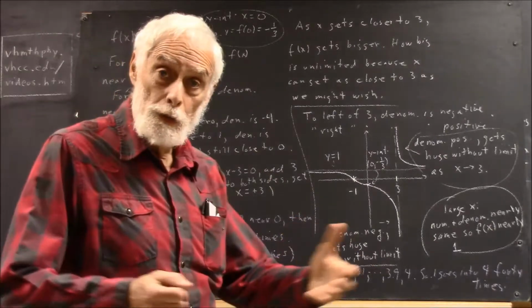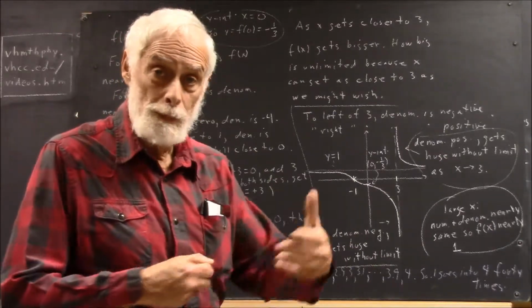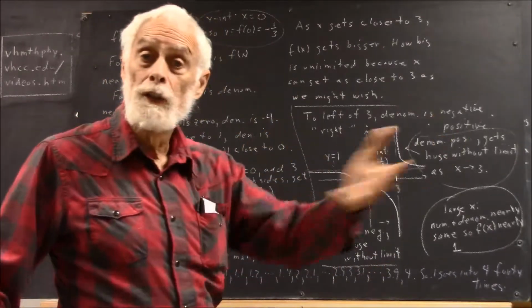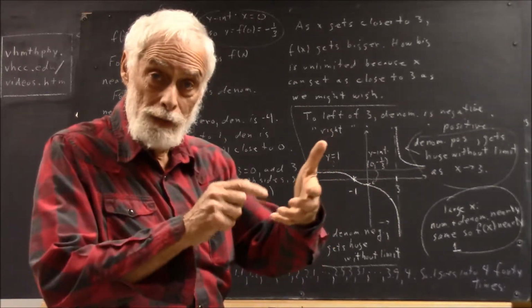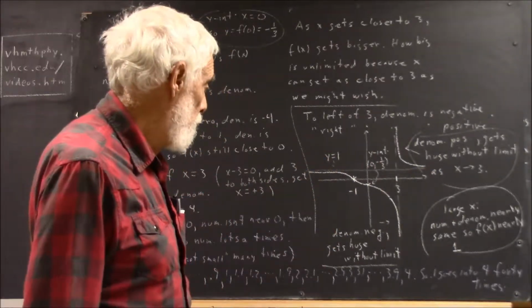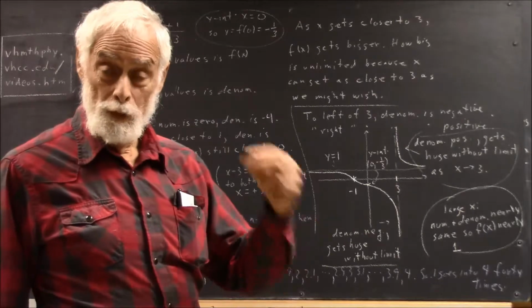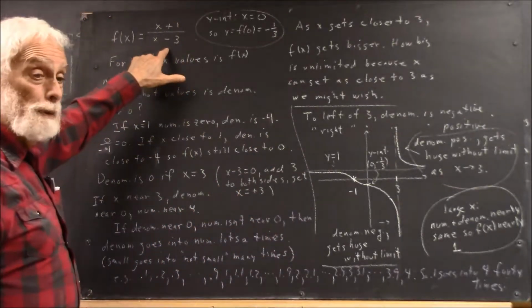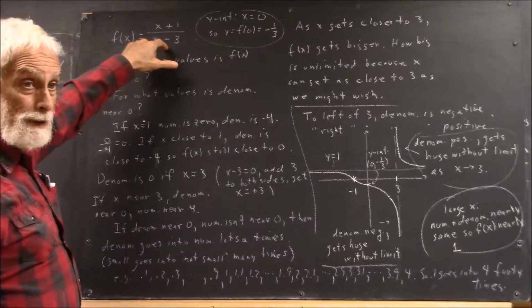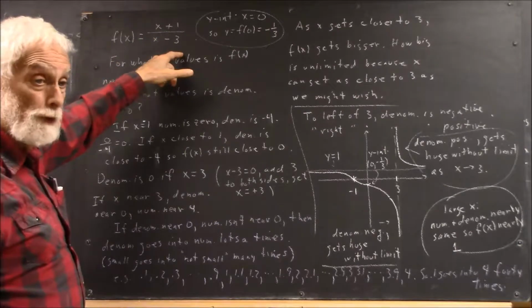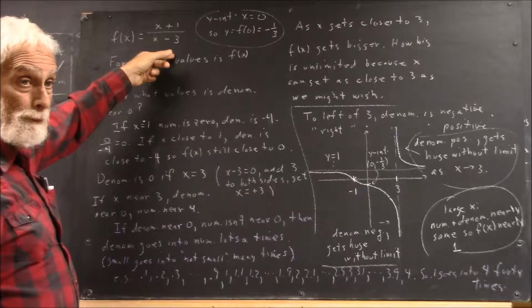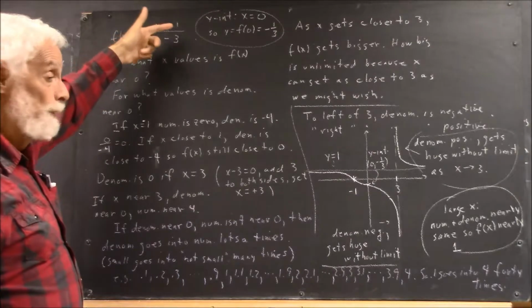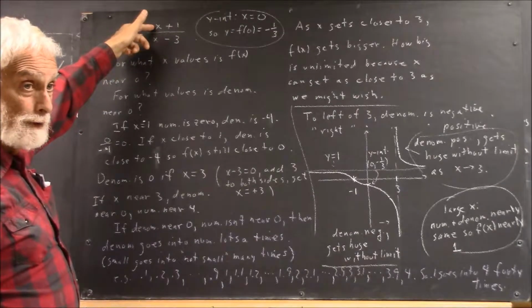You don't have to have a rule that says move this decimal this many places, and if you got this many zeros, and so forth, and you don't have to have a calculator where you punch it in. You understand what it means for the denominator to be like 1,000th. If x is close enough to 3, that'll happen. And if it does, x plus 1 is going to be very close to 4, isn't it?